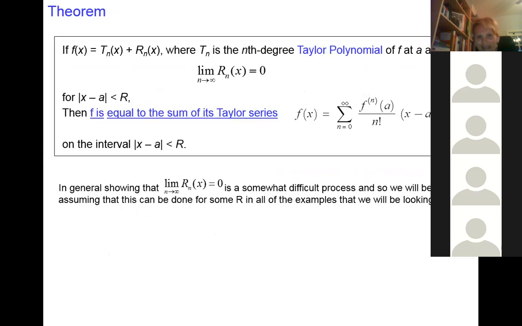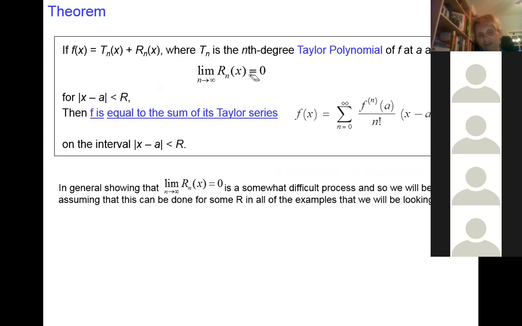Okay. Another theorem, but this is almost the same thing. Actually, that's what I just said. If the function is rewritten as a Taylor polynomial plus the remainder, which is actually the Taylor series, okay, then T sub n is the nth degree Taylor polynomial of the function f at a, and the remainder is 0. That means we will take the polynomial, and the rest of the terms just behave at infinity.